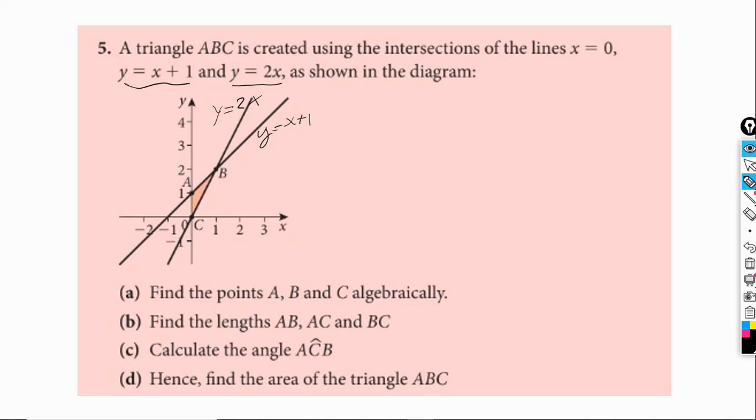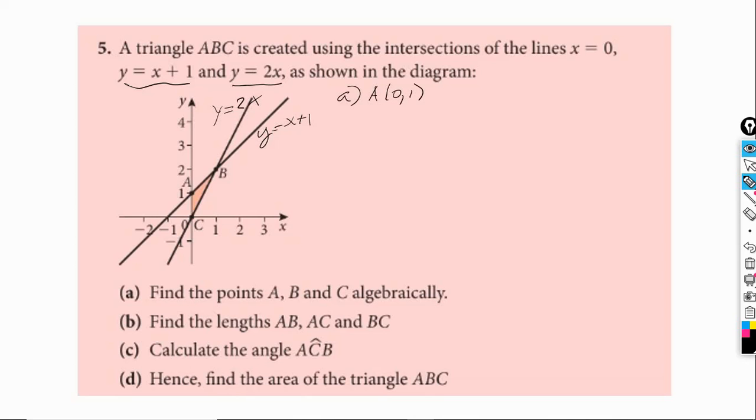So letter A says find points A, B, C algebraically. Okay, so point A is the y-intercept of y equals x plus 1, and that's obviously going to be (0, 1).